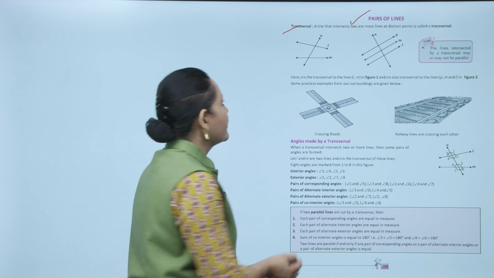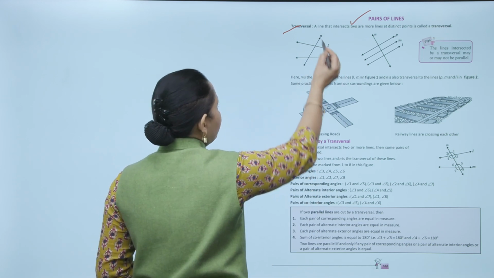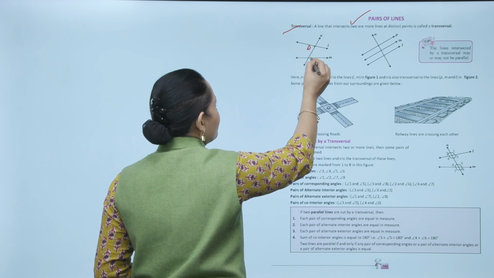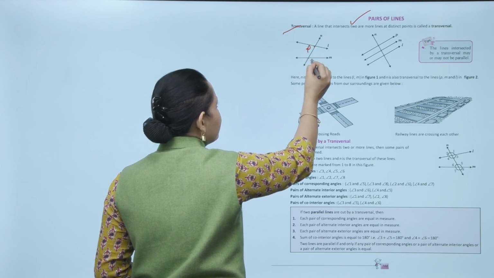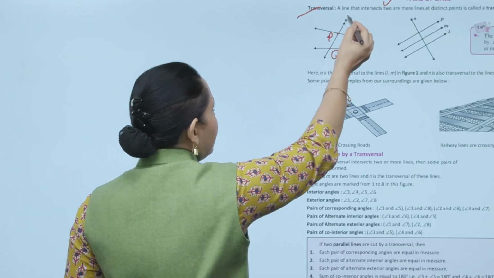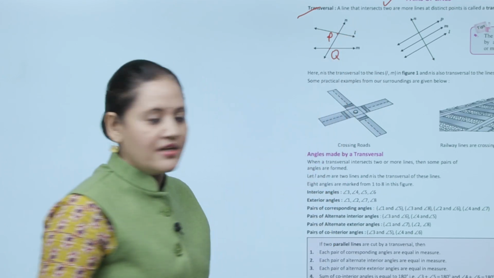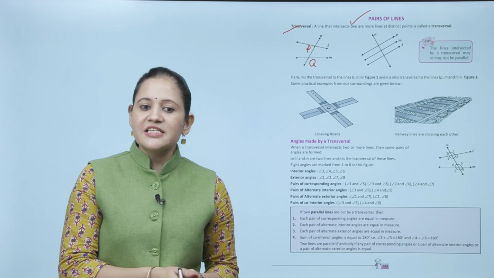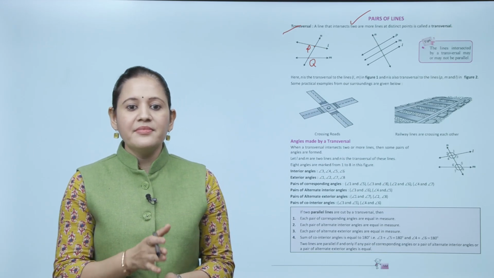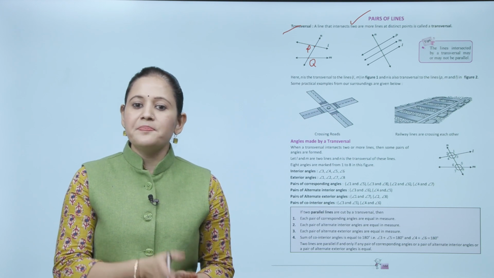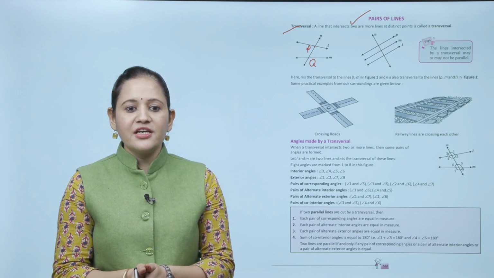Here line N cuts lines L and M at two distinct points, suppose P and Q. So for lines L and M, line N is the transversal. Clear? Here N is the transversal to the lines L and M in figure 1, and N is also the transversal to the lines P, M and L in figure 2.